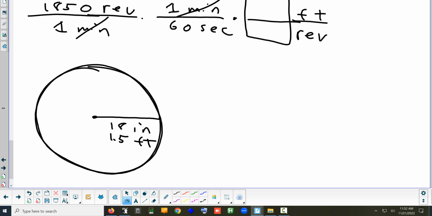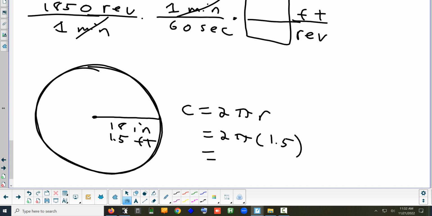Or, if we don't physically have the tire to do it that way, one revolution of the tire is really the what of the tire? It's the circumference. So the circumference formula is how you jump from revolutions to linear. What's my radius in this case? 1.5.